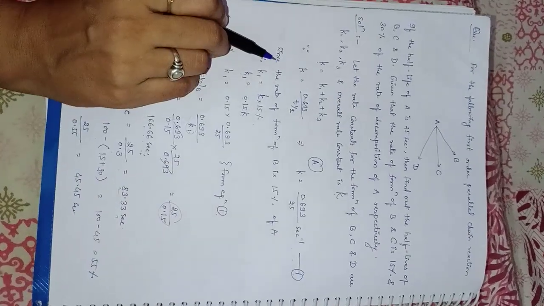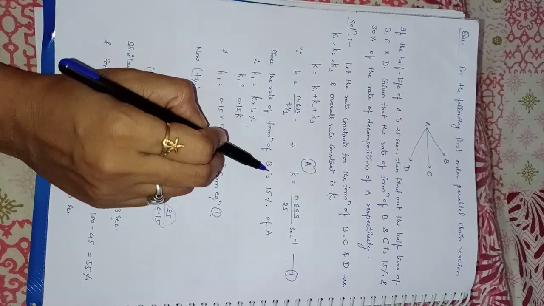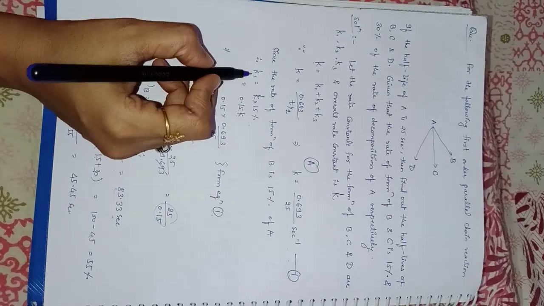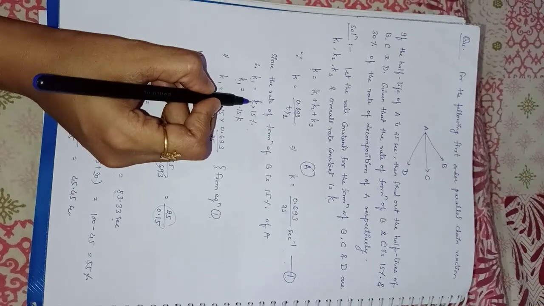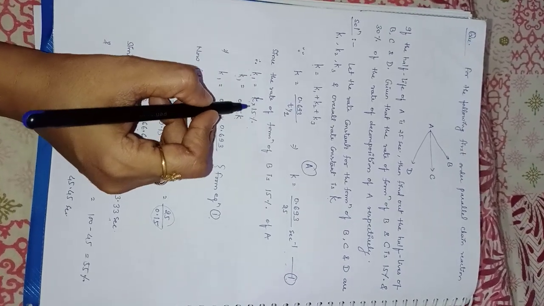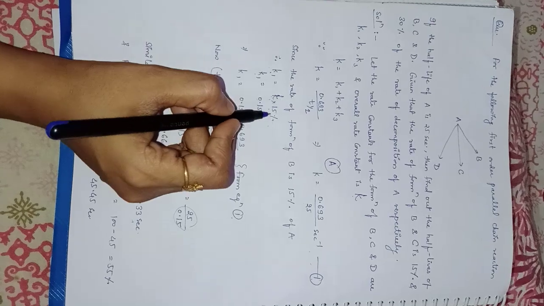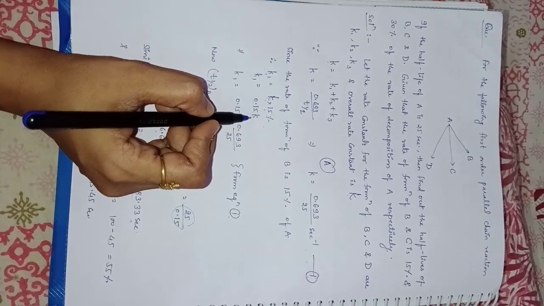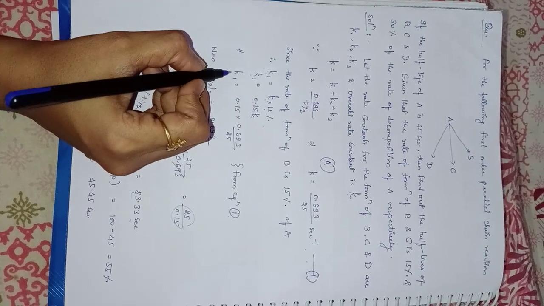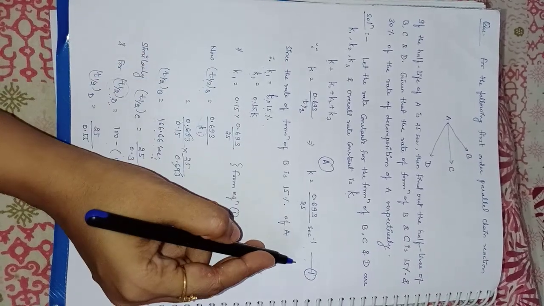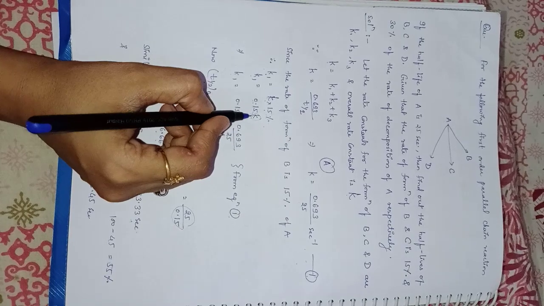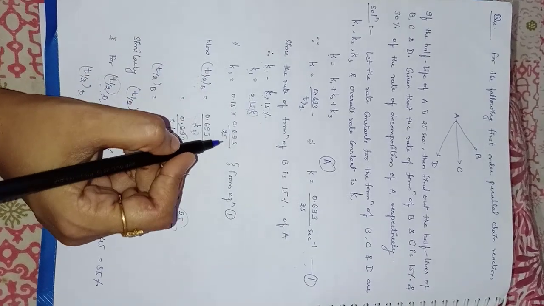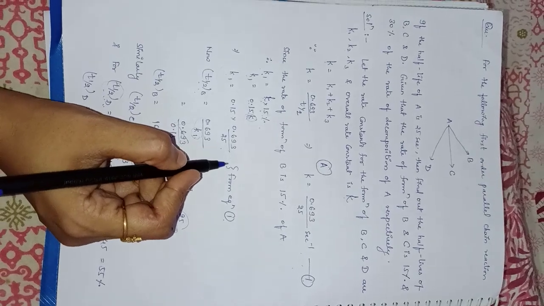Now the rate of formation of B is given as 15% of A. So numerically we can write K1 is equal to 15% of K. When you solve it, you will get 0.15 of K. Now K1 is equal to, from equation 1, you have to put the value of K. When you solve this equation, you can find the value of K1.